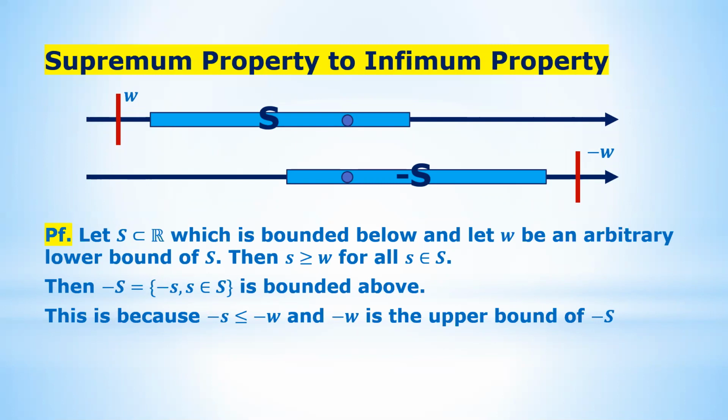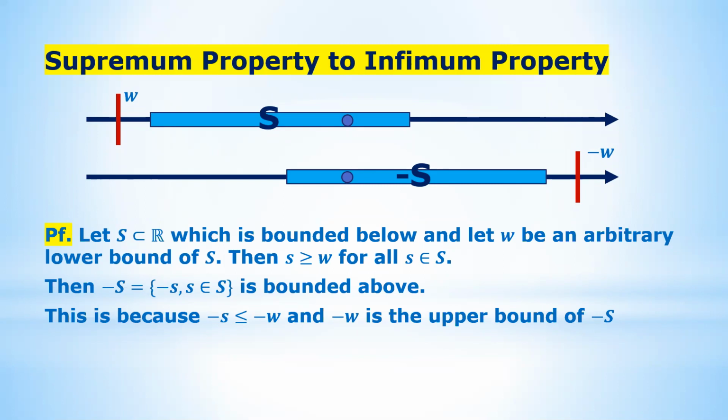Why? Because you look at the previous inequality. You put a minus sign on that inequality, you get minus s is less than or equal to minus w. So this means for every element minus s in the set minus S, this number is controlled by minus w. This simply says that minus w is an upper bound of minus S. So this way you show that minus S is bounded above.